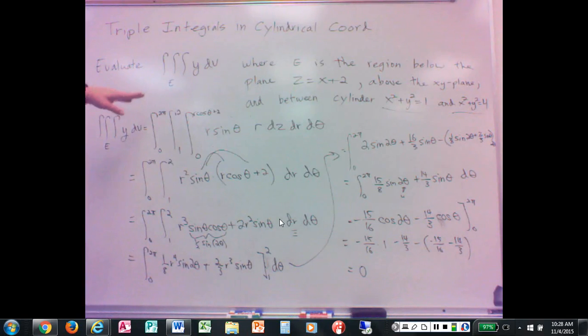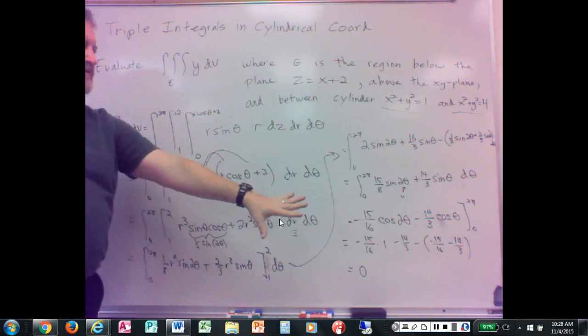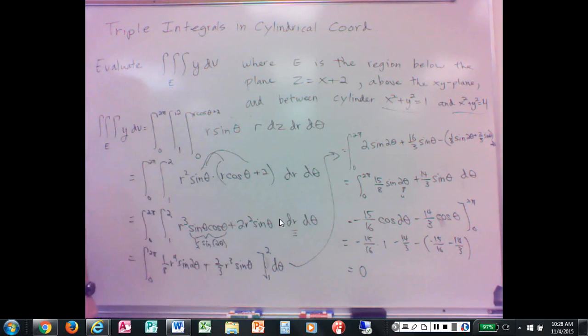Well, I think it's because we chose to do the integral of y. If we'd chosen maybe some other function here, because we weren't really finding the volume of this region. We're integrating over that region with respect to the f of x, y.